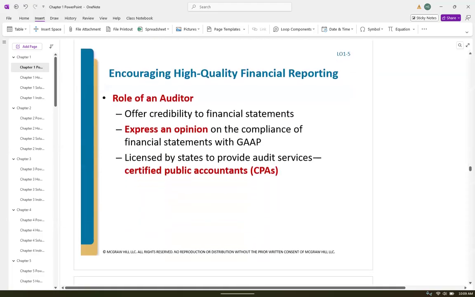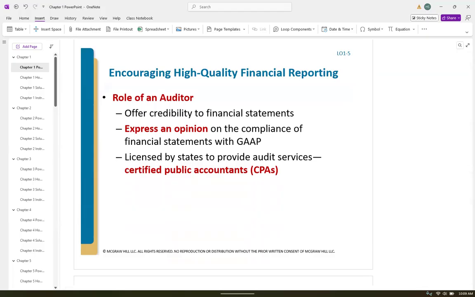Okay. Let's talk about an auditor. A lot of students get confused, thinking, oh, that sounds like an IRS auditor, and they think that is a bad thing. It's really not. We're not talking about an IRS audit. We are talking about a financial statement audit. This is where a certified public accountant goes into a business and looks at the financial statements.